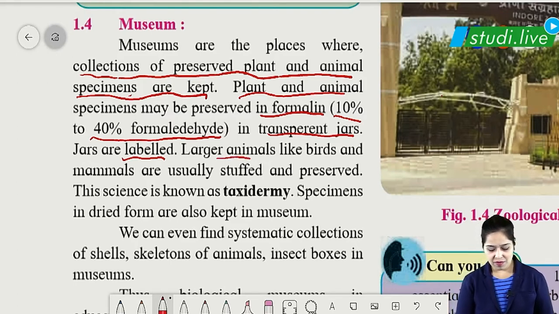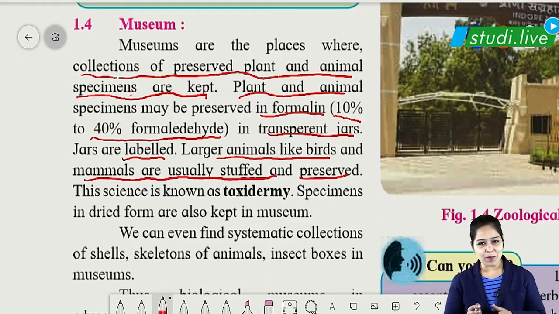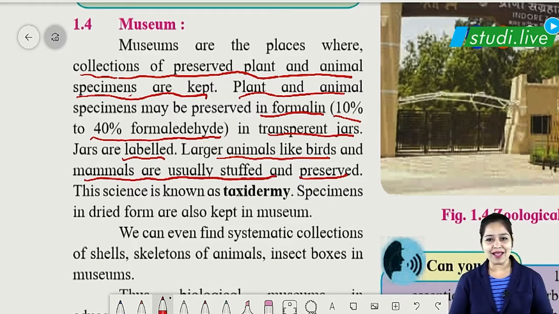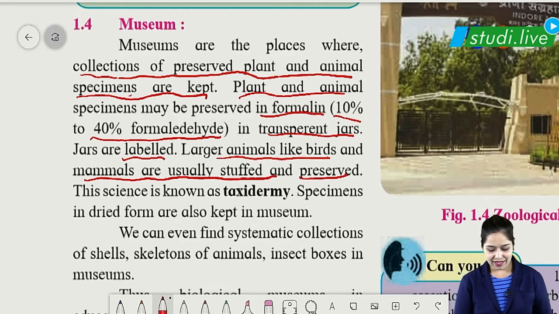So larger animals like birds and animals are usually stuffed and preserved. So when we have a parrot or a pigeon, they are stuffed and preserved. Their internal body parts are removed and they are stuffed and kept for display. This science is known as taxidermy.